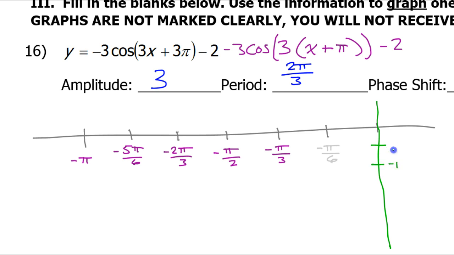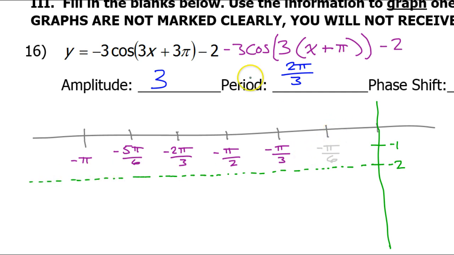Okay, I said it right, but then I started numbering it wrong. So this is negative 1 and this is negative 2. Now negative 2 is going to be my brand new midline. So I'm going to let that be a dotted line going across like this. Okay, my brand new midline.